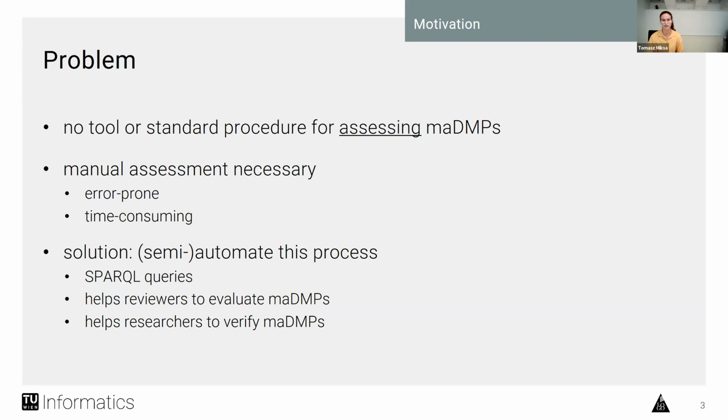And the goal is that the results obtained from those queries can be used to get an overview of the contents of an maDMP as a basis for the evaluation. So they can primarily help reviewers in assessing the maDMPs, but as a side effect, they could also be helpful for researchers when creating an maDMP, because they can use those SPARQL queries to quickly check whether their maDMP fulfills certain criteria.